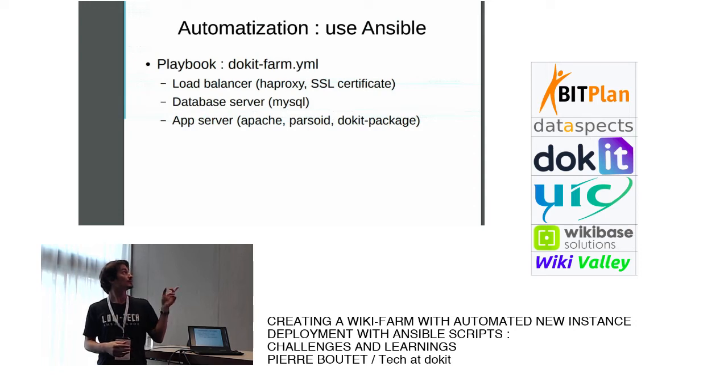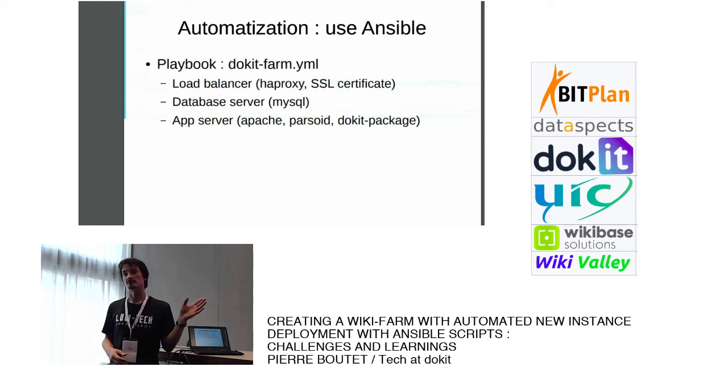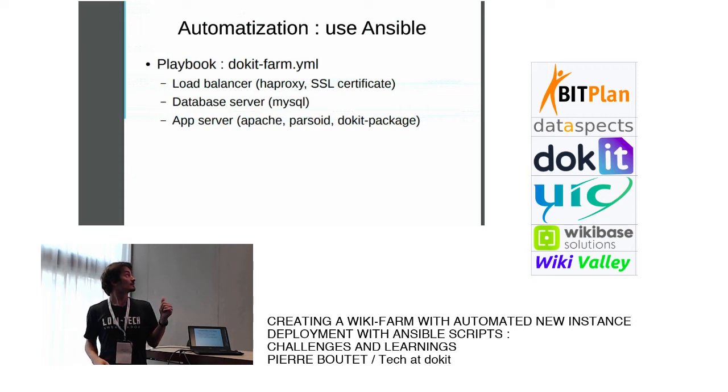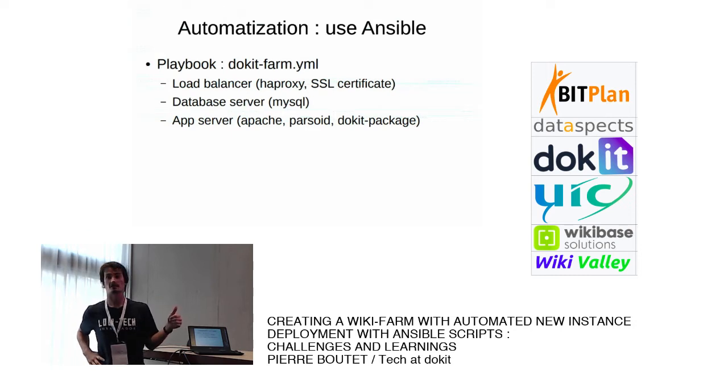And you will launch this wiki-farm.yml. And this will install a load balancer, so it is a frontal server which will manage the SSL certificate to have HTTPS, and we will redirect every incoming request to the application server. It will set up a database server and the application server with Apache, the Parsoid service for the VisualEditor, and the Dokit package.